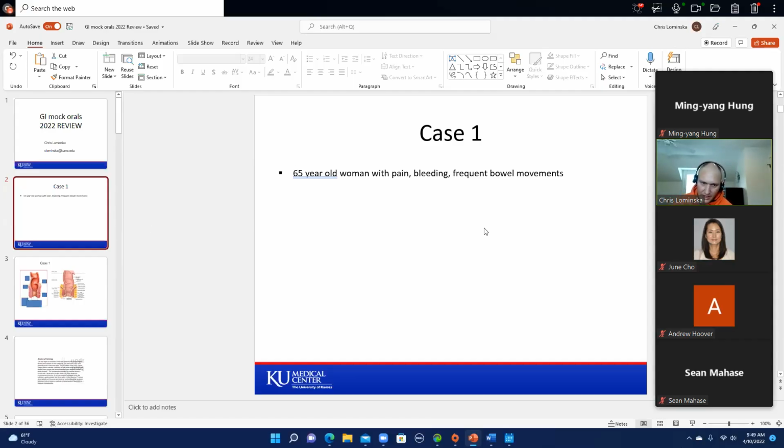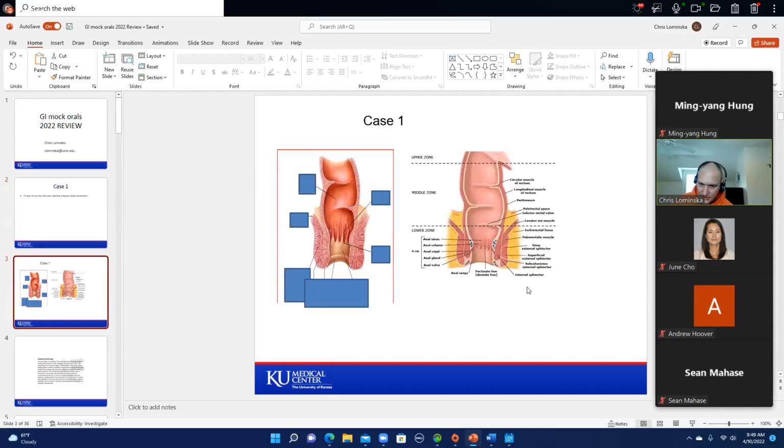So the first case was a 65-year-old woman who presented with fairly typical symptoms for an anal rectal cancer. I did ask some simple anatomy questions and presented the following figure. There are different ways you can look at this. You've got your embryological anal canal, and some people gave me that and indicated the dentate line as the boundary there.